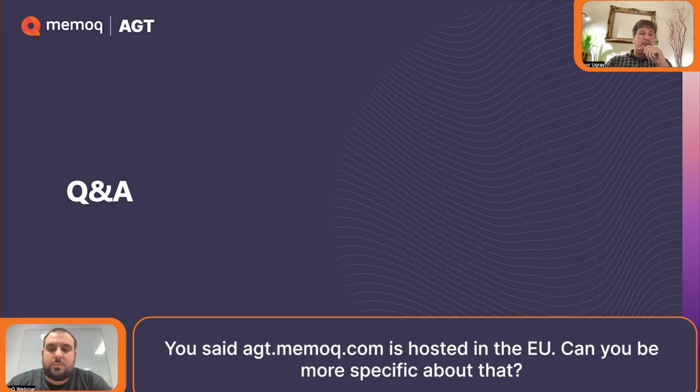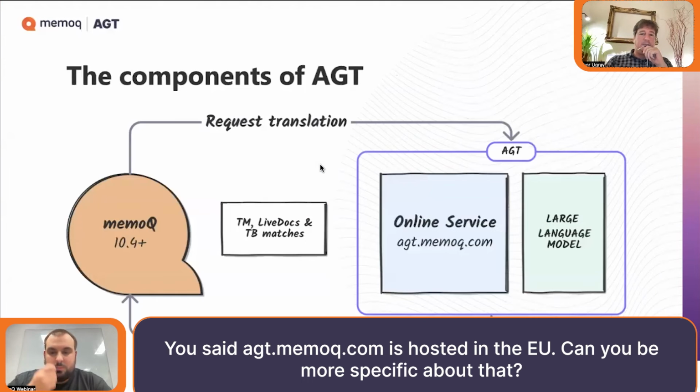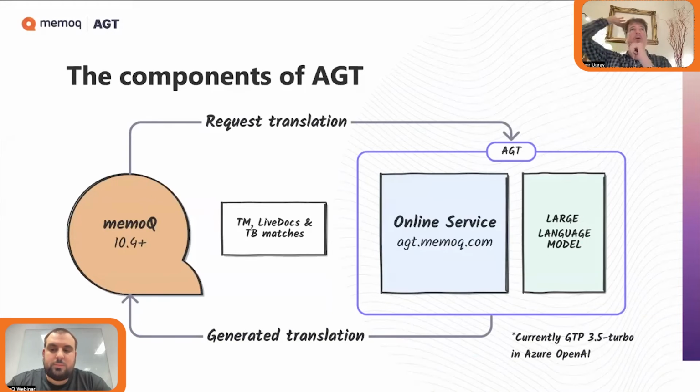The large language model that is working behind, as part of the AGT service, which creates the translations, is also in an Azure data center in the EU. Currently, the one that the live system uses is in Sweden. We might, as we expand, also have instances in other data centers, but we will probably for the first time stay in the EU. The terms that belong with that are detailed in the terms of service that specifically relate to AGT.